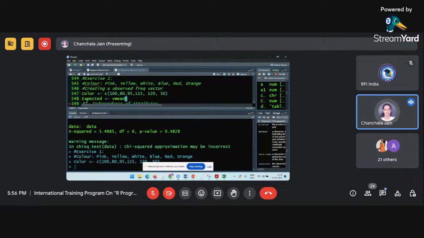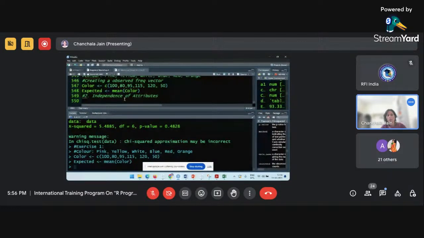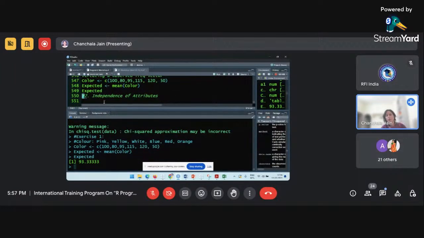So I need to use the mean function and pass the color vector directly inside it, which is much easier. If you want to see what is there in expected, it is 93.33. Fine. Done.